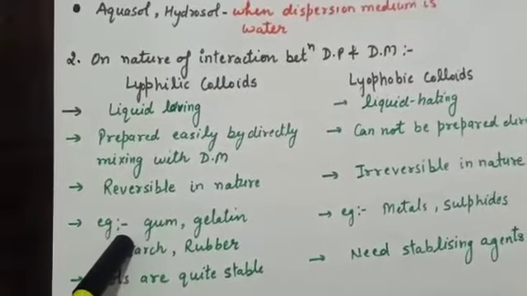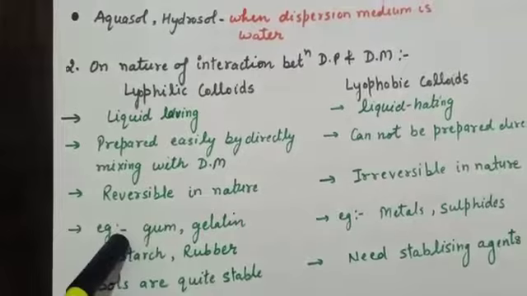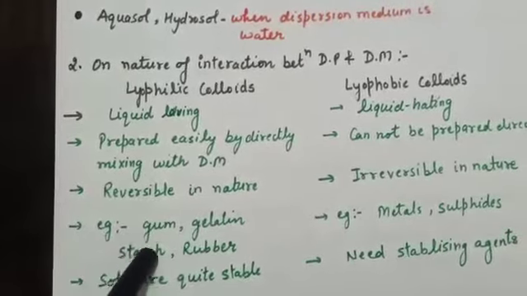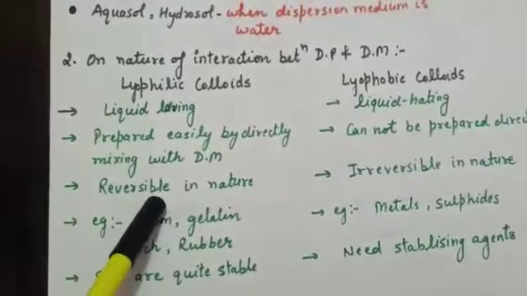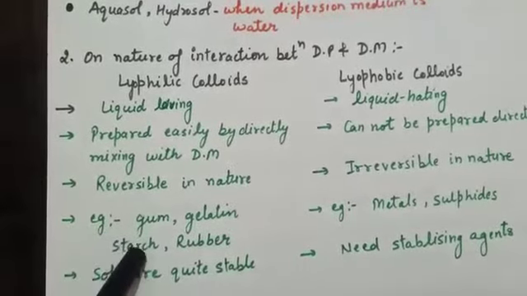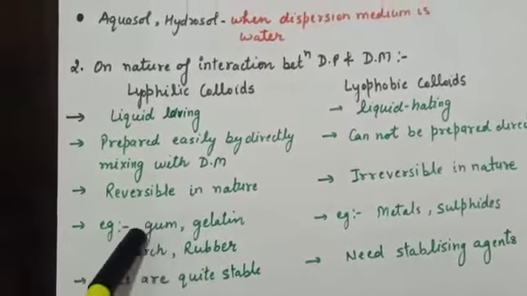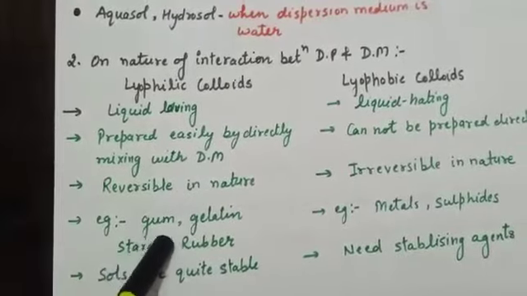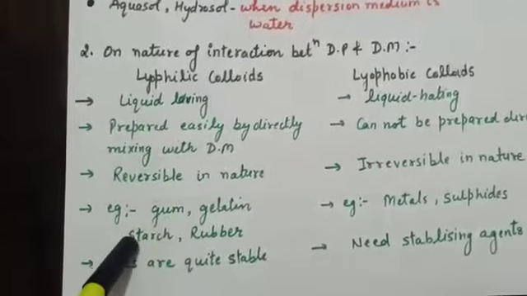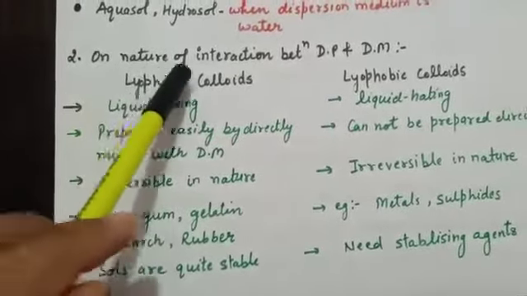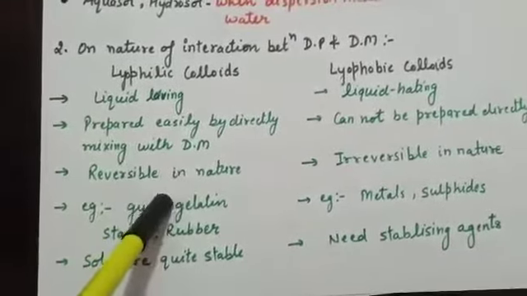But suppose by evaporation we remove water, we can separate starch from water. But again, if we mix that starch in water, we get the lyophilic colloid. That is, we can reverse this process. That is why lyophilic colloids are reversible in nature.